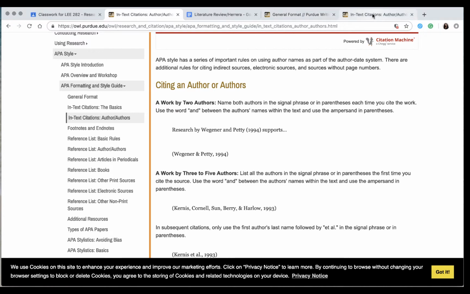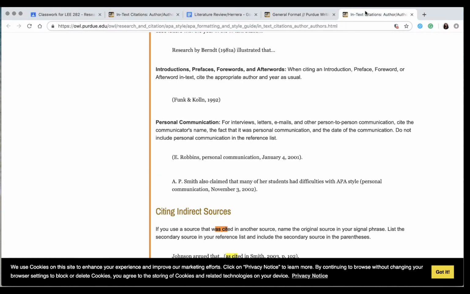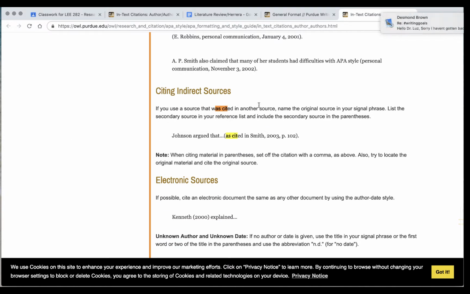Another thing that I saw a little bit of is indirect citations. So let's see if I have that here. Yes, so indirect citations, pay attention to how you are looking at that because that's really important. You want to look for as many of the original articles as possible.